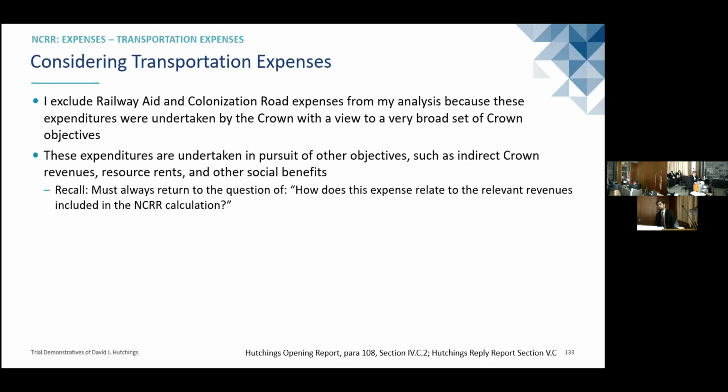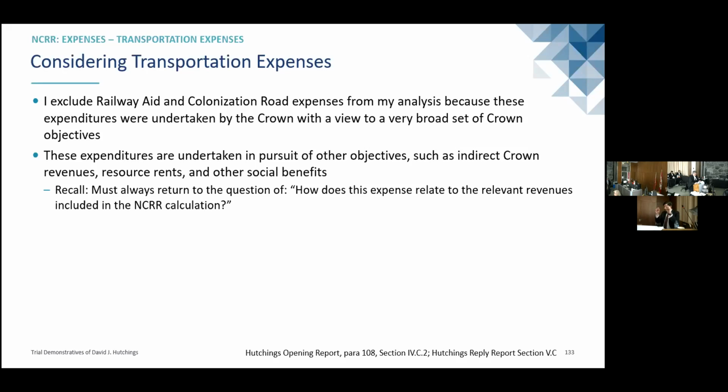So why do I exclude railway aid and colonization roads? It comes back to that equation that I like of the three different reasons why the Crown might do something: direct Crown resource revenues, indirect Crown revenues, and other objectives of the Crown. And expenses support all of those things. And the question is really, either which is the predominant one or which is the one driving it.